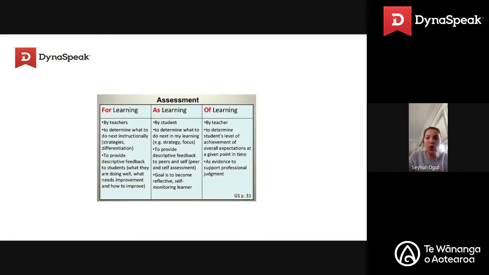I put this for your reference. We use assessments for teachers to determine what to do next instructionally, so to teach you. They also help us, and they provide us feedback. We understand from your results that they are learning, they are doing great, and that makes us happy.